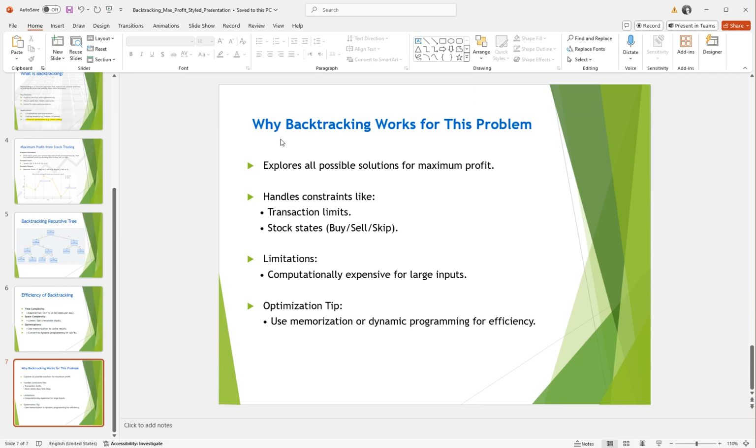So backtracking works for solving these problems because it explores all possible solutions and handles constraints like transaction limits and states like buy, sell, and skip.